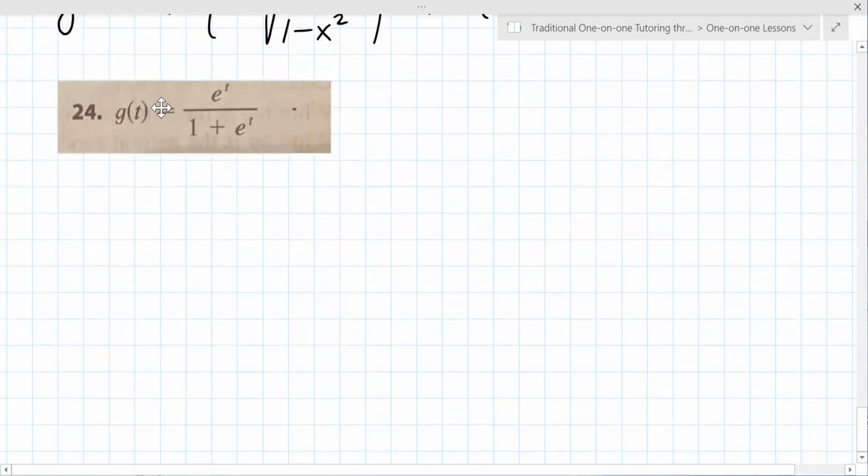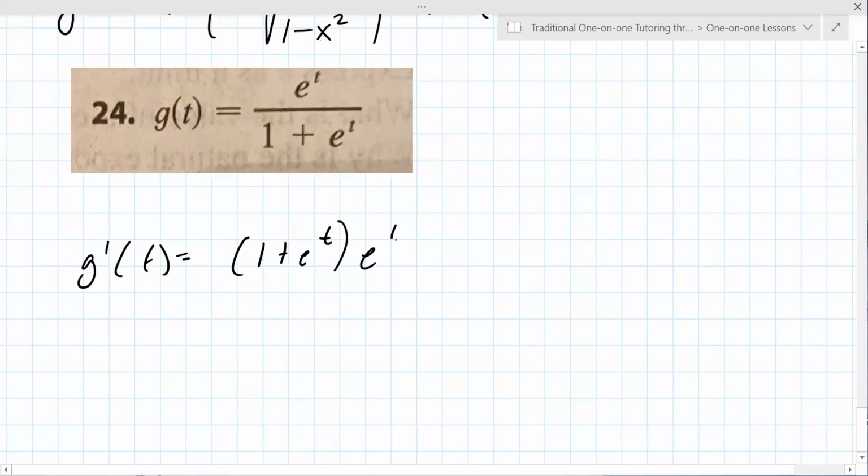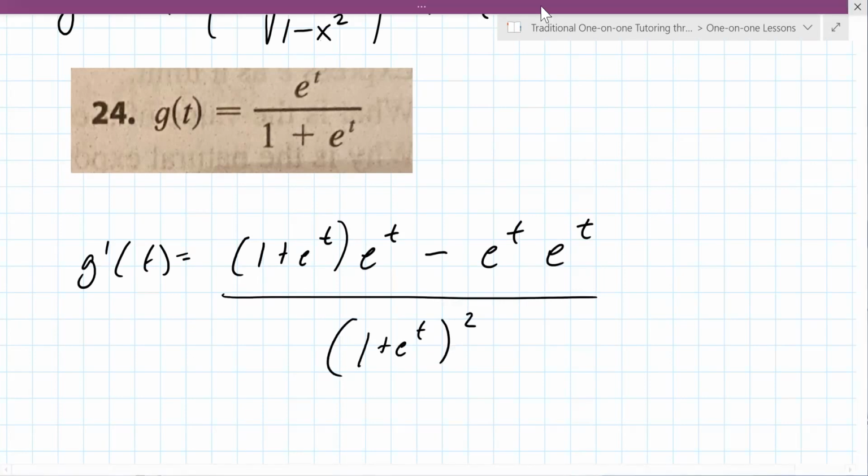Okay, what do you see here? What's the overarching rule? Quotient rule. So that is bottom, which is 1 plus e to the t, times the derivative of the top, which is itself, minus the top times the derivative of the bottom, which again is itself, over the bottom squared.